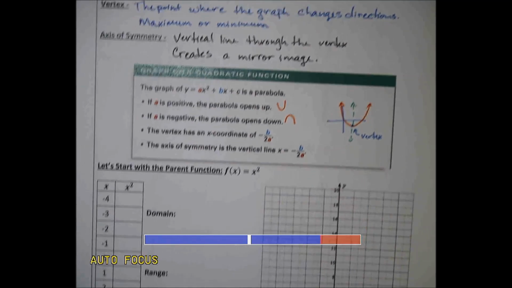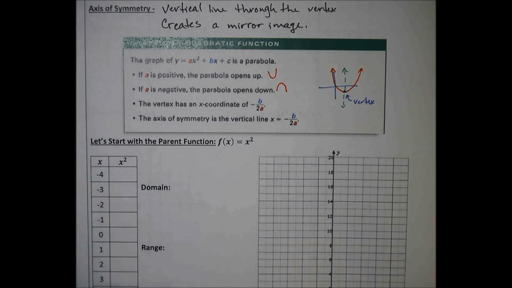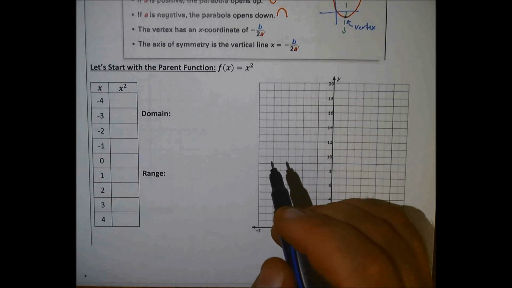Okay, so let's start off with what's called the parent function. Now remember, I mentioned last time that you can do different things to different pieces of the graph to make it look a little bit different every single time. But we're going to deal with the most basic one that we can use, and that is f of x equals x squared.